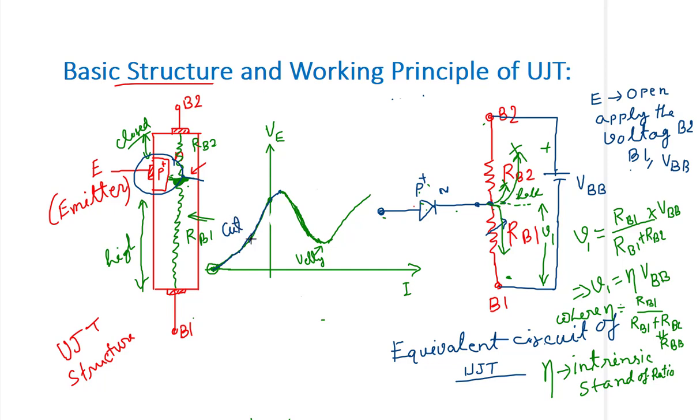This is the cutoff region. In this region only the reverse current flows, and this is VP, the peak voltage, the maximum peak voltage with maximum reverse current. In this region the resistance RB1 continuously decreases.